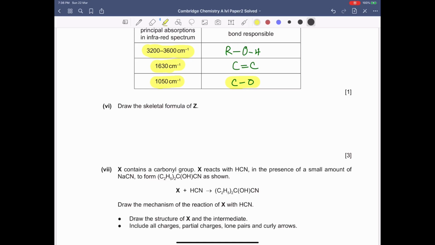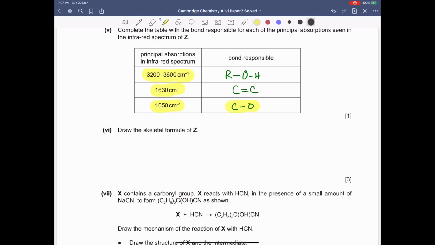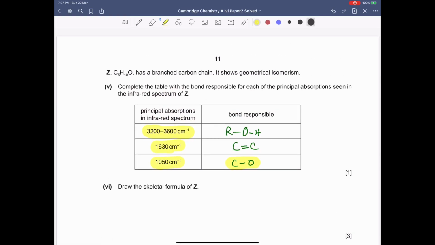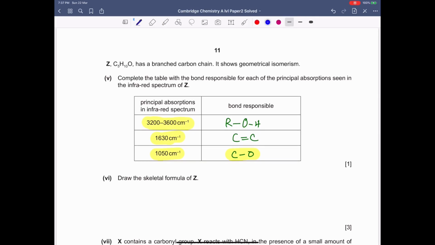Draw the skeletal formula of Z. Now, considering everything here, since we have a carbon-carbon double bond and a total of 5 carbons, first of all we should consider the carbon-carbon double bond. It has geometrical isomerism as well, so it must have different groups.